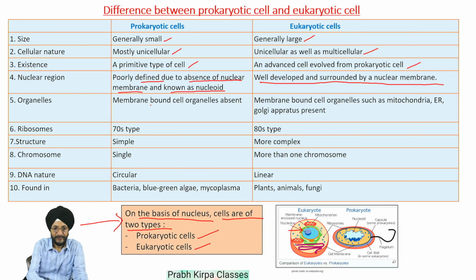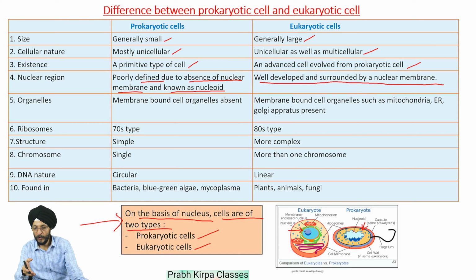Organelles. Membrane bound cell organelles are absent in the case of prokaryotes. No cell organelle is present. In the case of eukaryotes, mitochondria, Golgi apparatus, lysosomes, etc. are present.